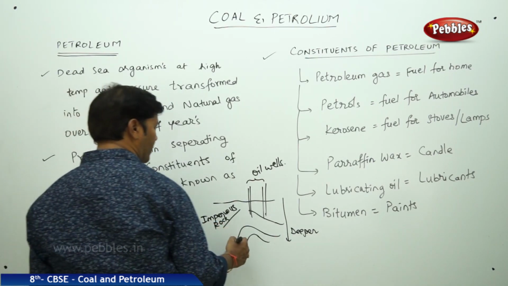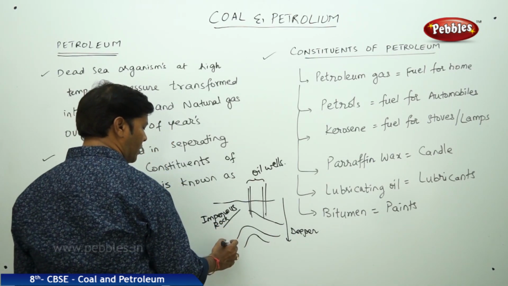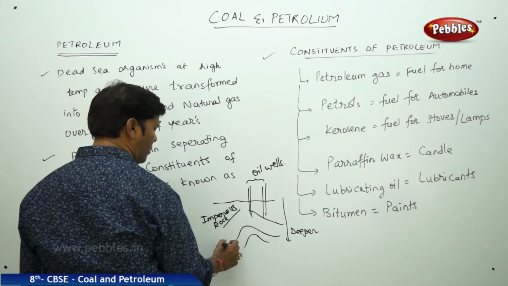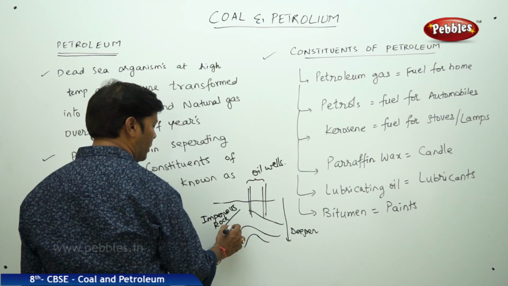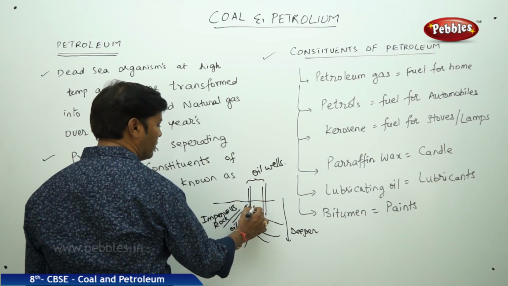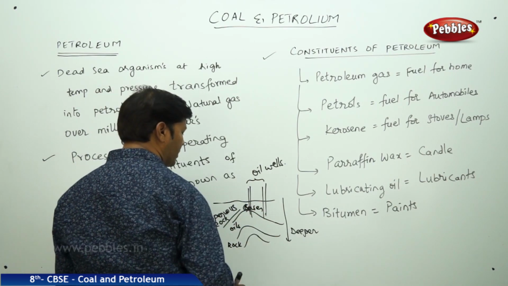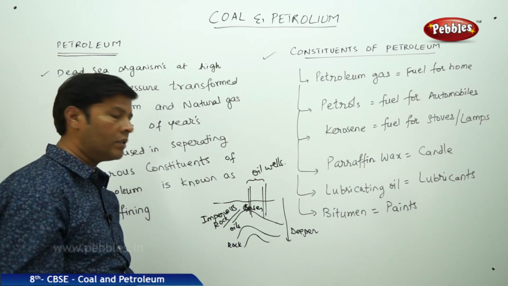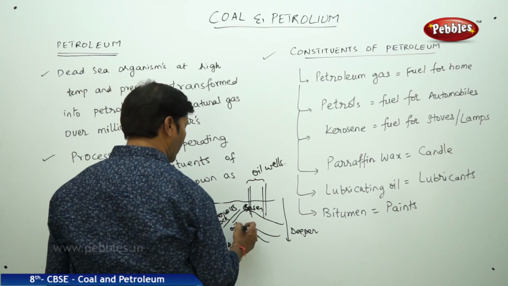So here you have rock, oils, and here you have gases. So exactly what we are trying to understand here is that in the rocky region the oil deposits are present.